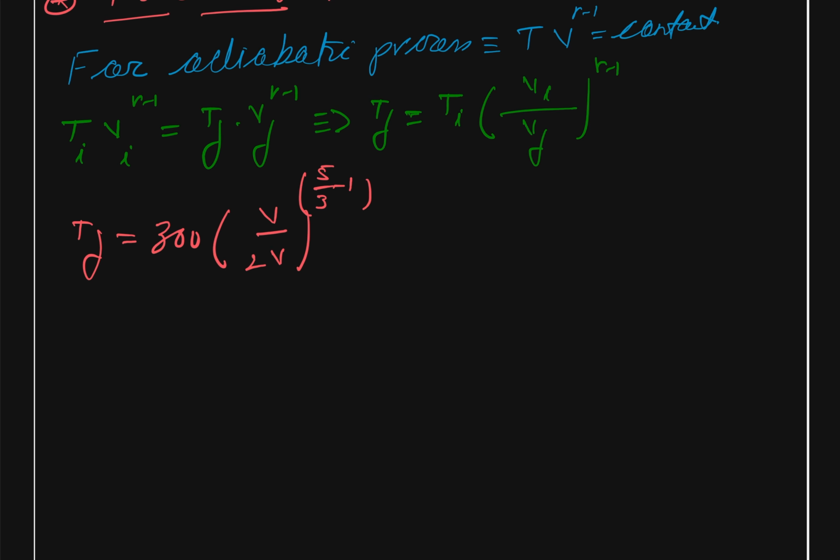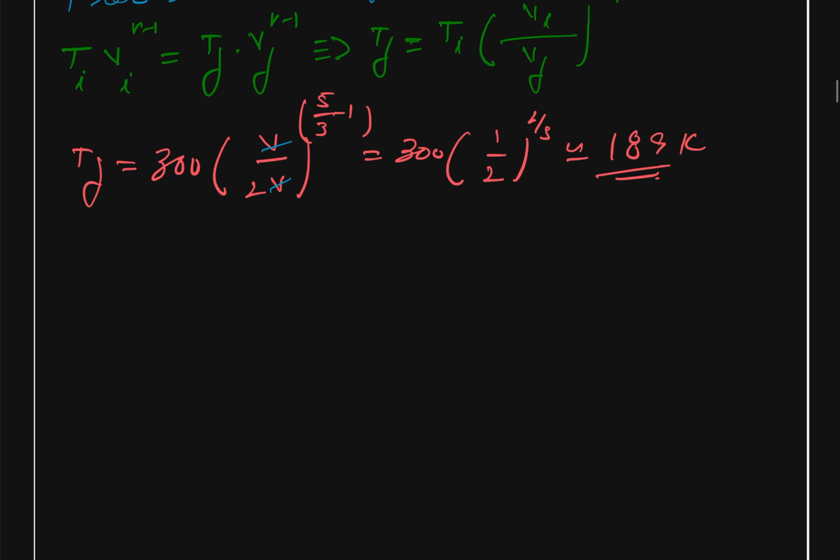Here V and V cancel out, so this comes as 300 times 1/2 to the power 2/3. So approximately you can say it is equal to 189 Kelvin, the final temperature.